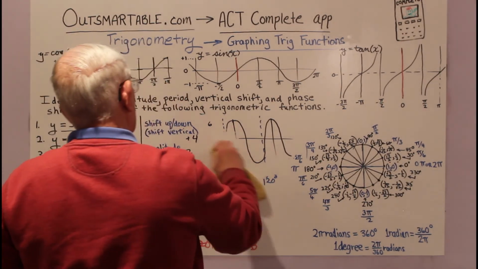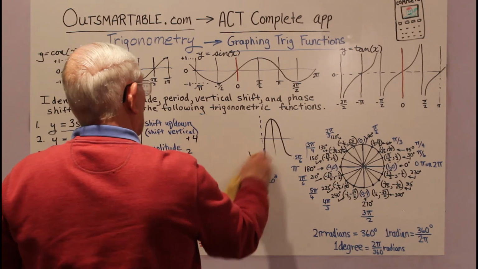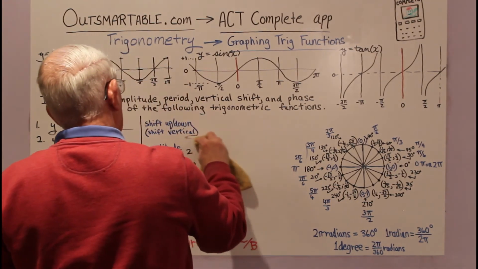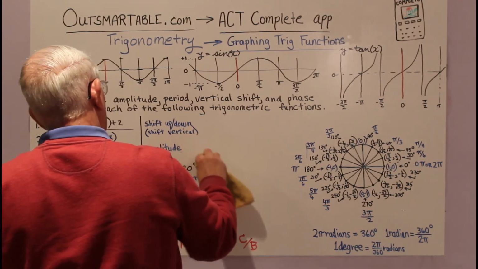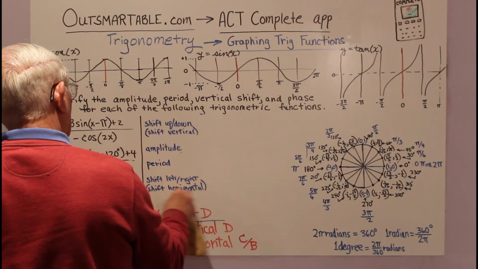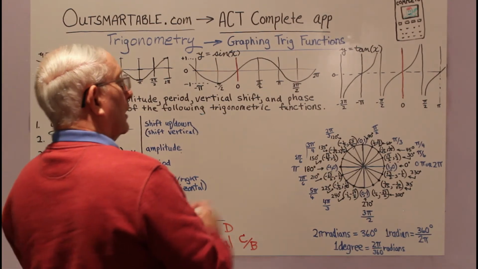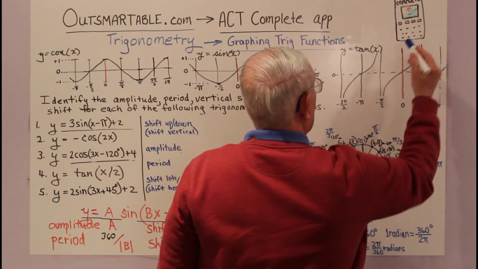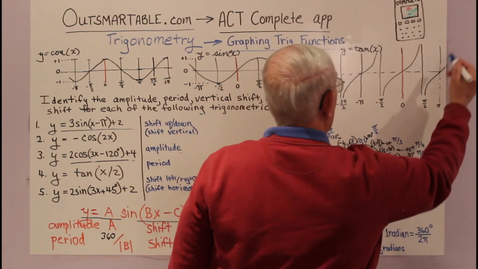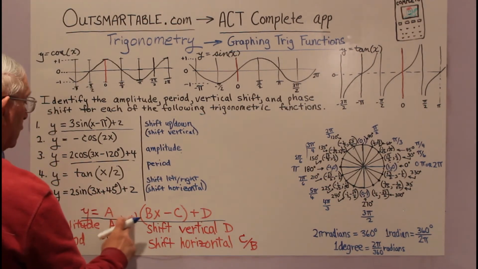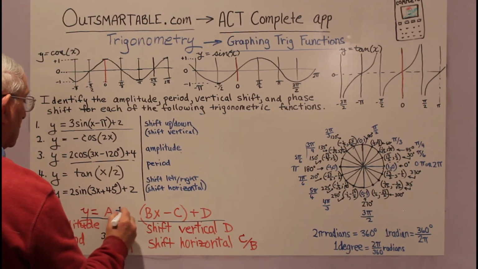Next one is a tangent function. Now your tangent function, remember, has typically a period of 180 degrees. That's the number of degrees that it takes to complete one cycle. And then it repeats another cycle every 180 degrees. Okay, so for your tangent function, it's just a little bit different here.